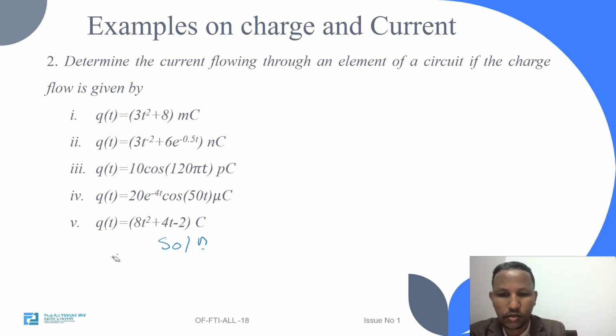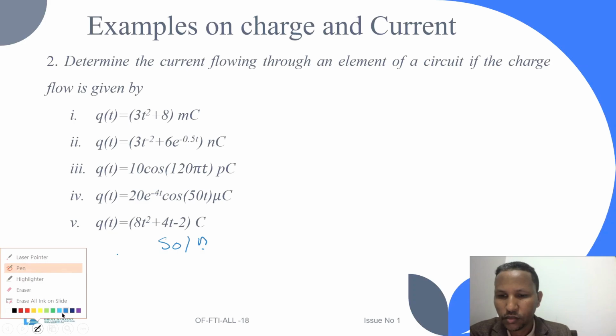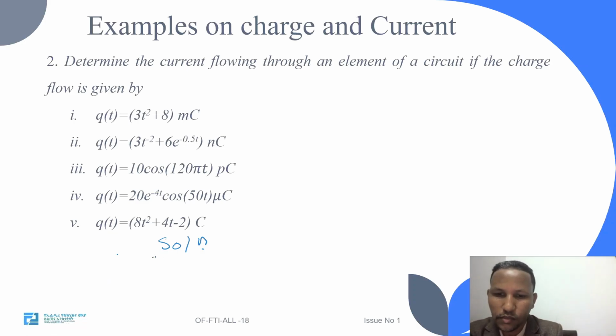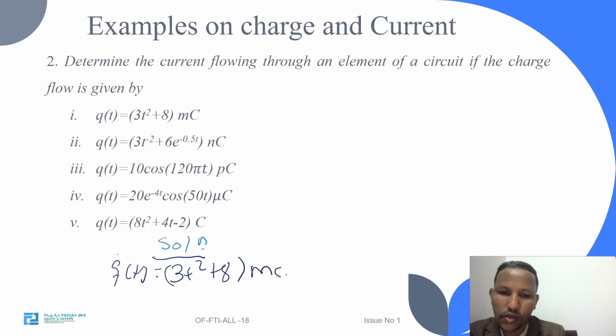Q of t is given by 3t squared plus 8 millicoulomb. So we are asked the current passed through the element, i of t, which is equal to what.